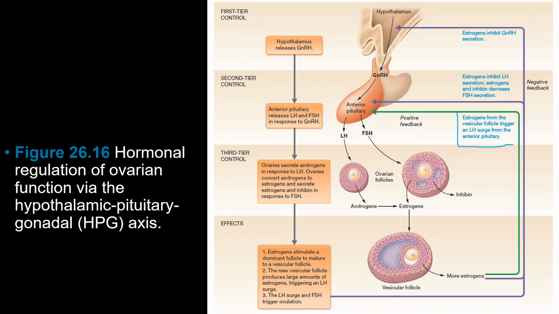So the same hormones can have either a positive or a negative feedback, and estrogens also tend to lower gonadotropin-releasing hormone secretion. So it all depends. If this new vesicular follicle produces enough estrogen, it will trigger the luteinizing hormone surge and trigger ovulation.